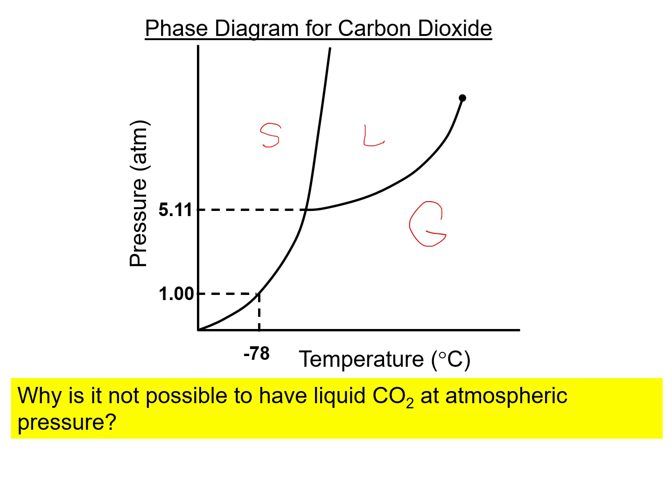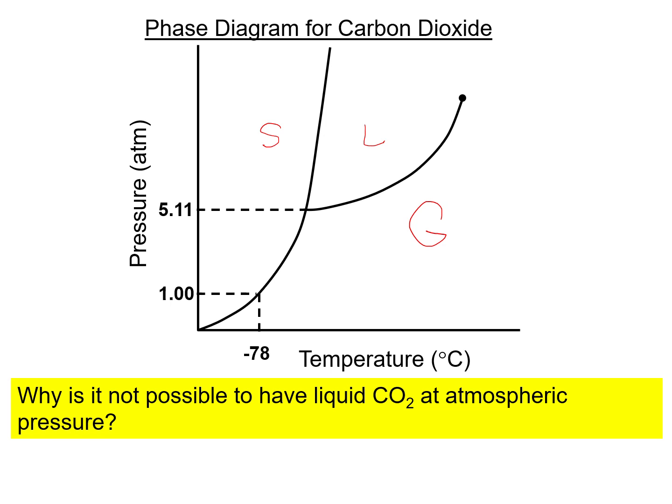And so you say, well, I go up here to where it's 1 atmosphere of pressure, and I go straight from solid to gas. It will sublime. And that is actually what you see when you have dry ice. Dry ice is solid CO2, and it just sublimes at regular atmospheric pressures. And it does this at a temperature of minus 78 degrees Celsius.